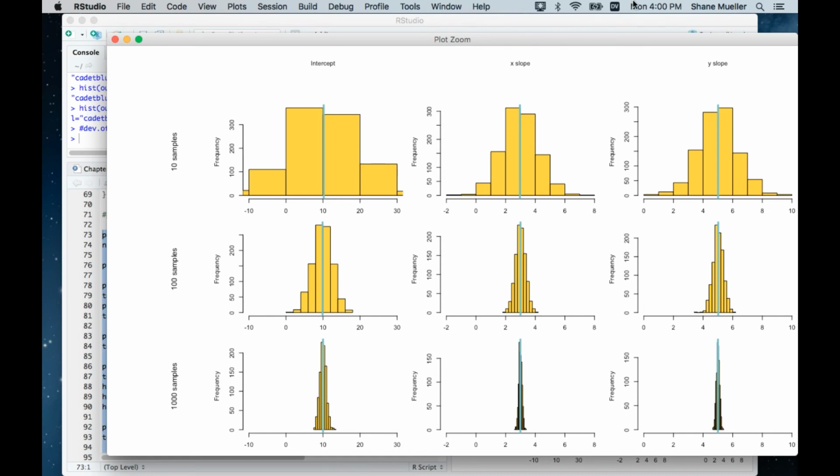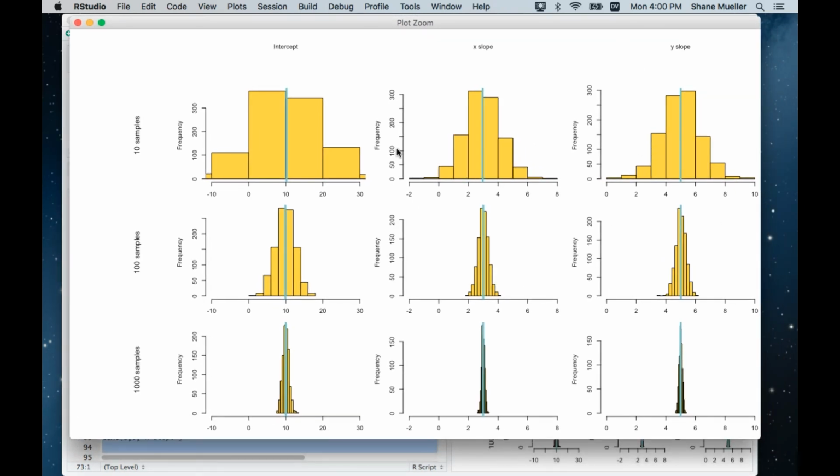So I'm using a pretty complicated layout function to do this. But now instead of the residual standard error, which is just the total error, the model will actually estimate each of these parameters, and we can see how close to truth the parameters are.